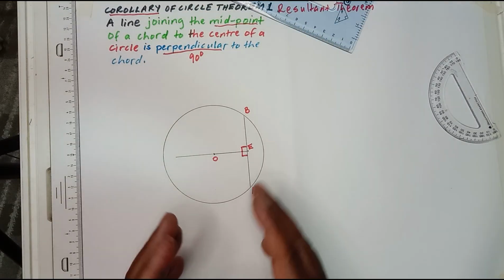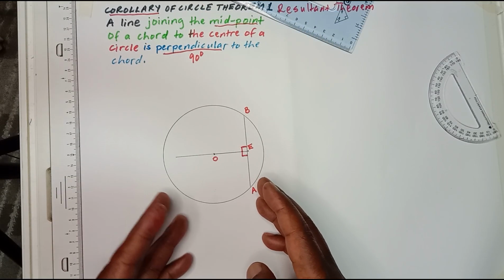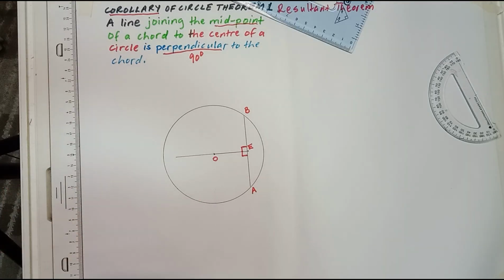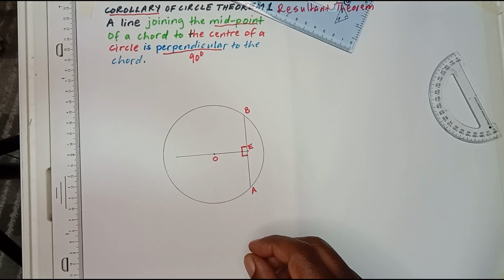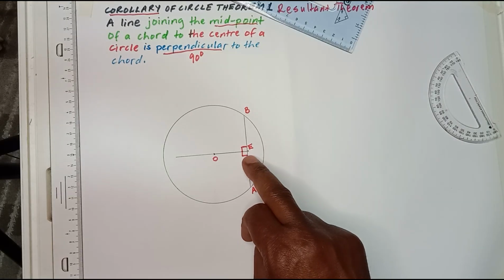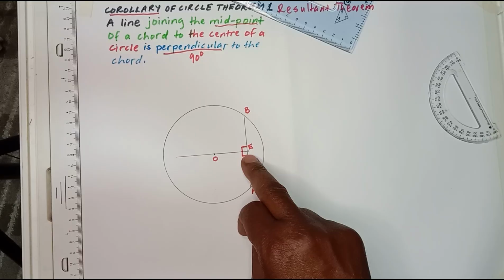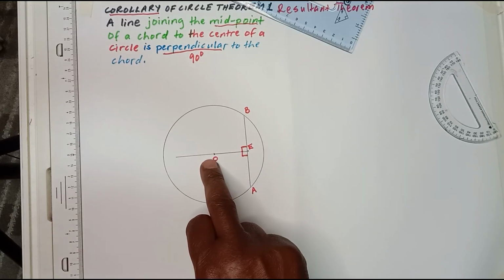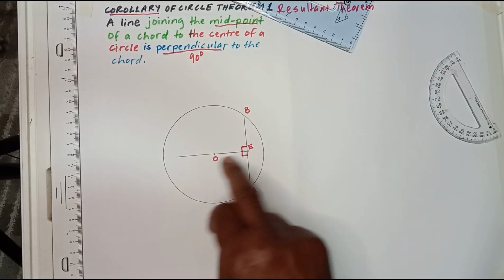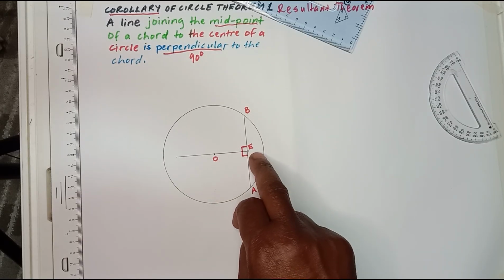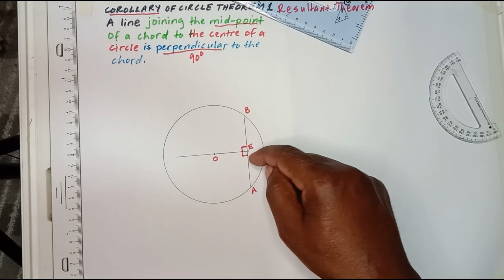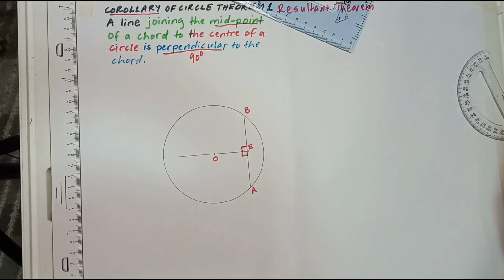It's very easy reasoning. Once you understand circle theorem 1, it follows that you just join the midpoint E of the chord AB to the center of the circle, O. The line segment so created, OE, is going to create an angle of 90 degrees either way.